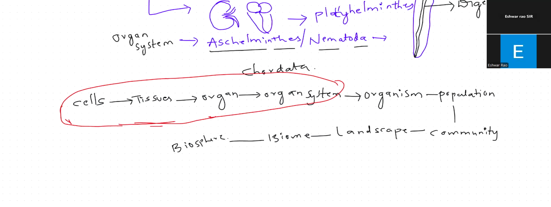In the chapters on population and ecosystem, we are going to talk about this. Here also we talk about atoms, molecules, cells, etc. But as of now, remember cells, tissues, organs, organ systems, etc. That's about levels of organization.